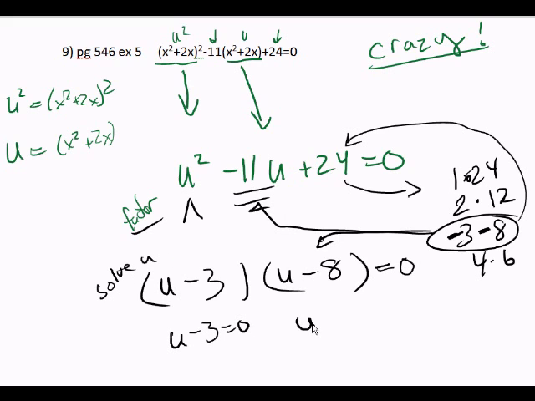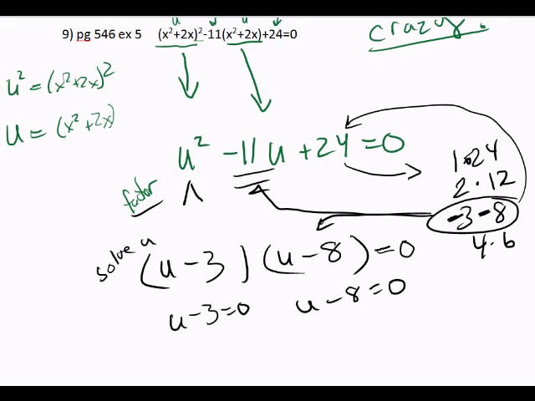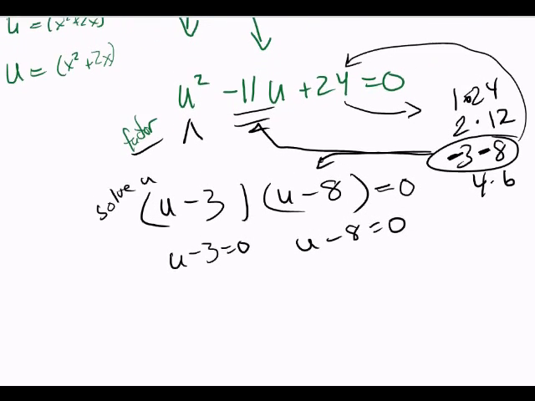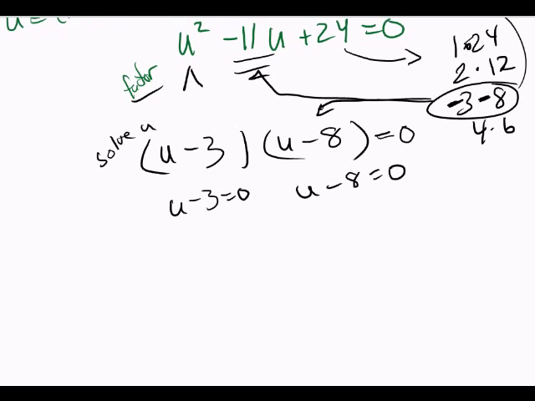We're going to solve for u. In other words, u minus 3 equals 0. U minus 8 equals 0. Solve each one. We're going to get the 3 to the other side. Add 3, and I get u equals a positive 3.